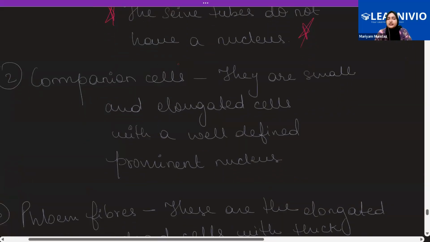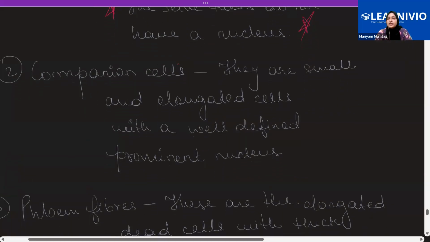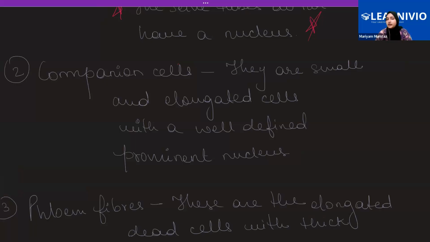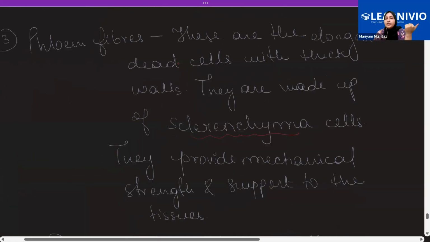The next component is the companion cell. They are small and elongated cells which have a well-defined, prominent nucleus present in them. So companion cells help the sieve tube cells, which do not have a nucleus of their own. Then phloem fibers.